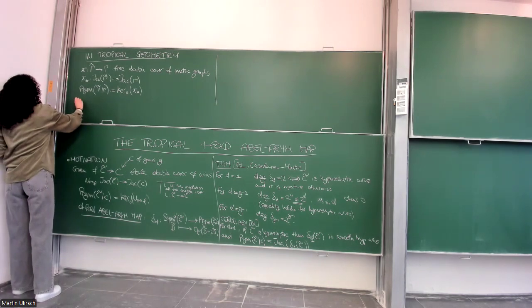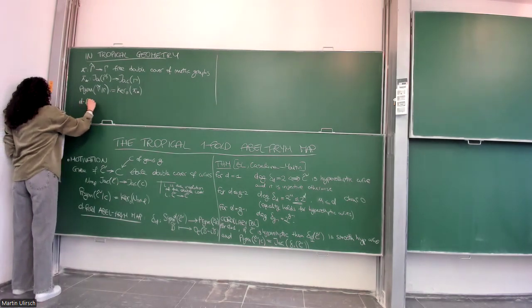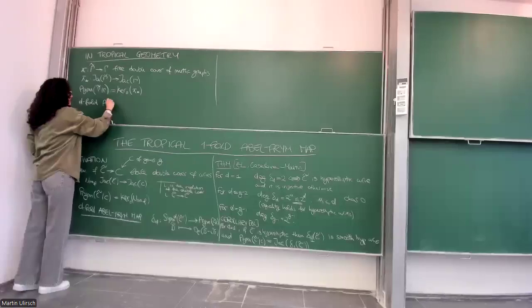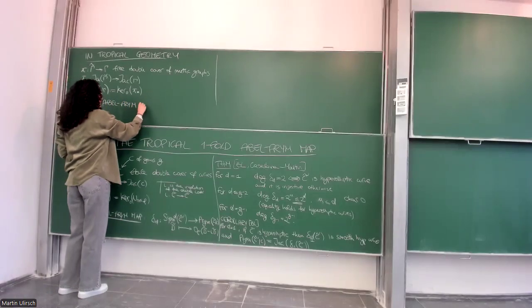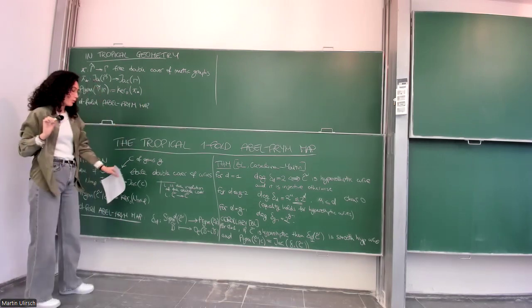And we can define the Abel-Prym map in the exact same way.